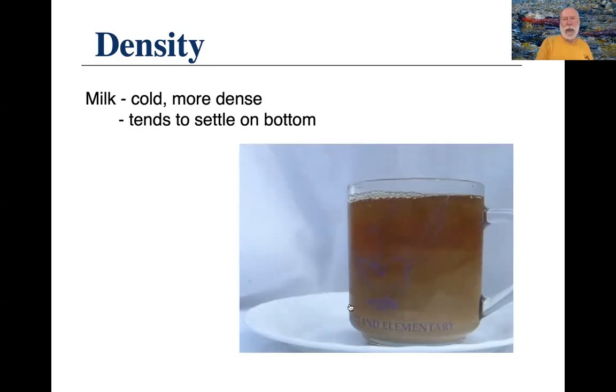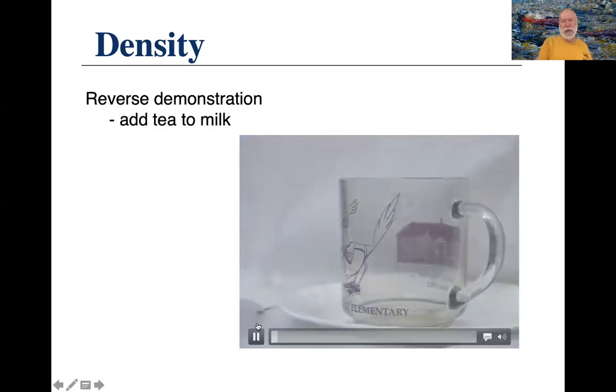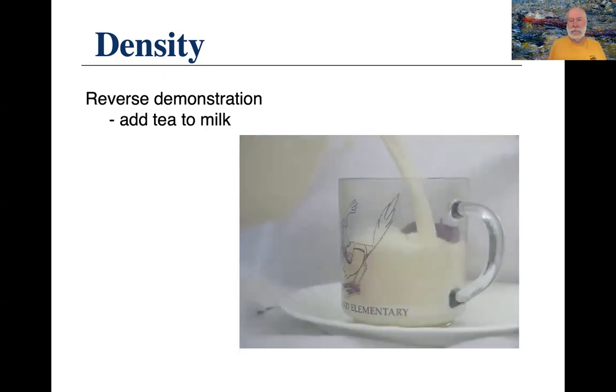Now, we can also do a reverse demonstration and add tea to milk. So we're going to fill up the mug here with some milk, and we'll add a bit of tea.